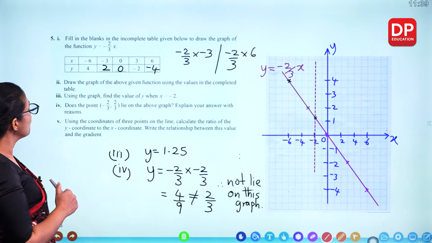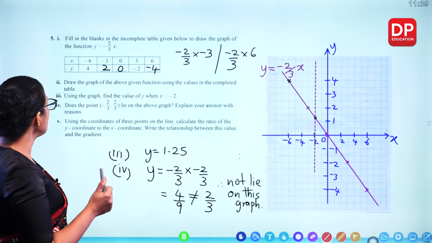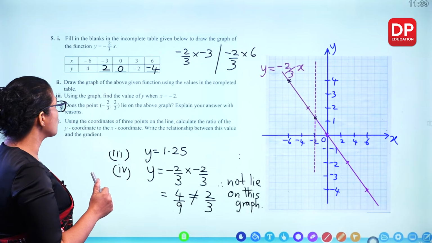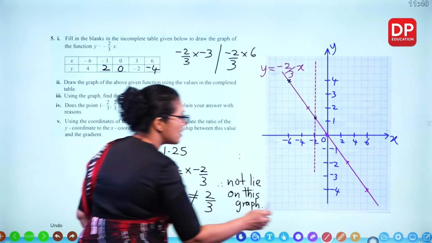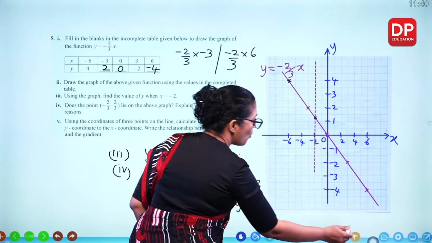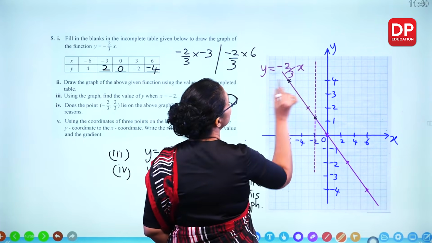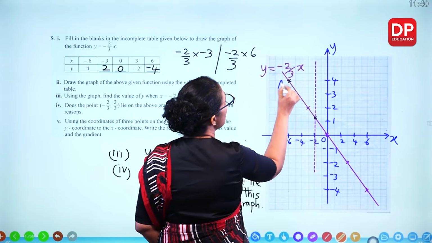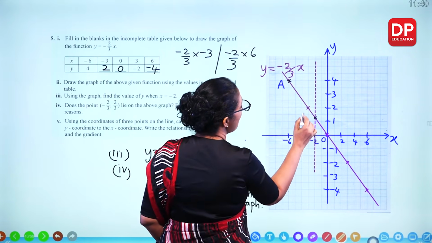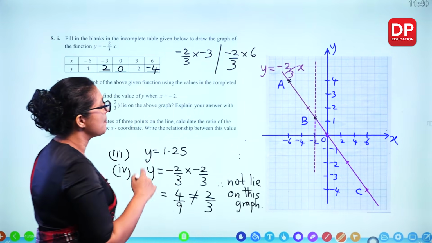Now we'll look at the 5th one. Using the coordinates of 3 points on the line, calculate the ratio of the y coordinate to the x coordinate. Write the relationship between this value and the gradient. So we'll take 3 readable points. This one, we'll take A, B and C, these 3 points.